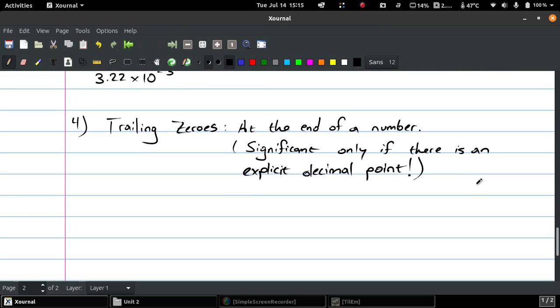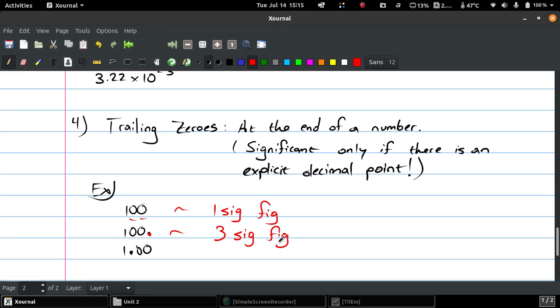So what that means is, I'm going to write the same 3 numbers. You have 100, 100 with a point, and 1.00. In the first one, these are trailing zeros, so we only have 1 sig fig. But in this instance, there's an explicit decimal point, so we have 3 significant figures. Right here, this is also an explicit decimal point, so you have 3 sig figs.